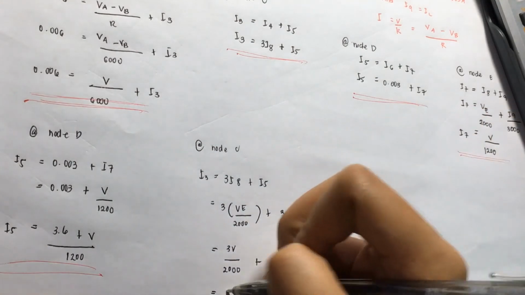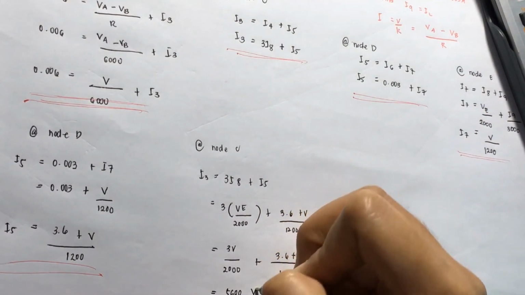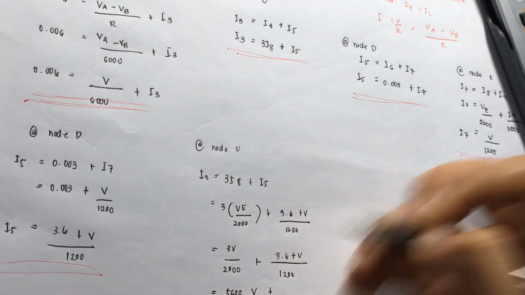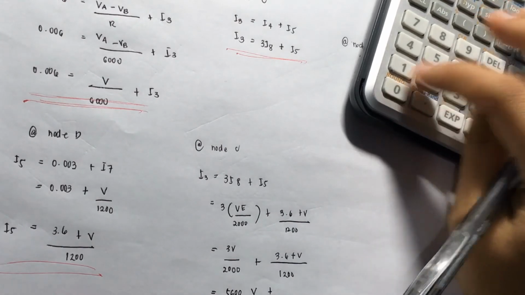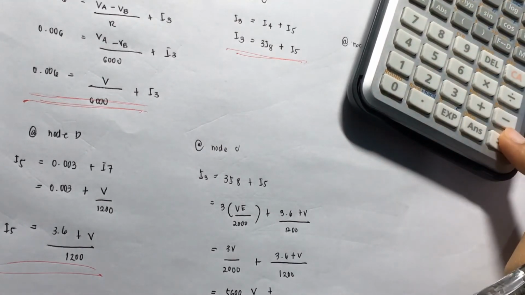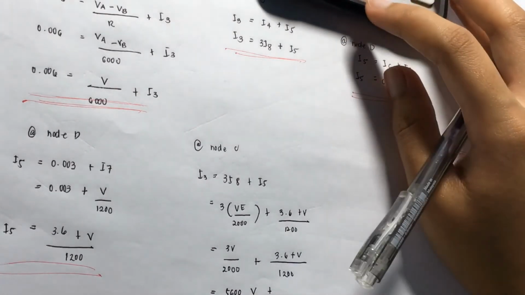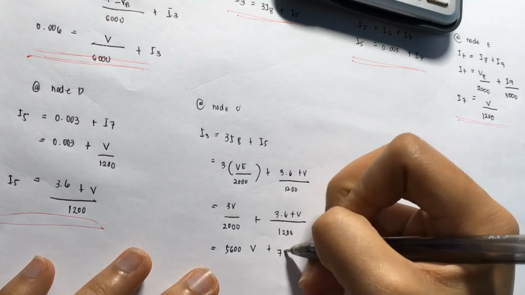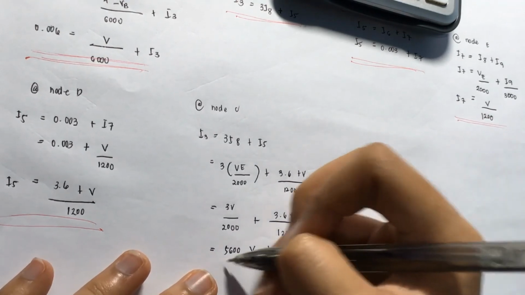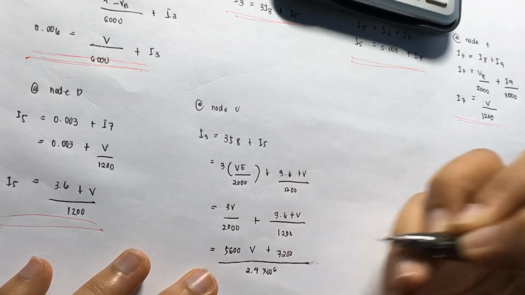So we have 5,600 V plus 7,200 over 2.4 times 10 to the power of 6.